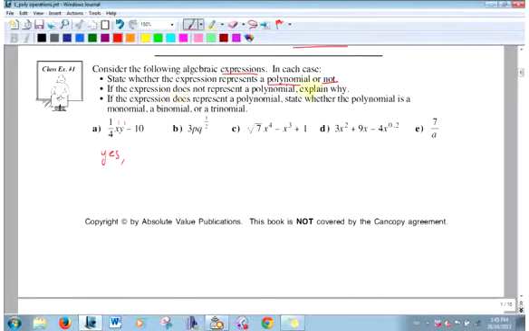Third part. If it is, is it a monomial, binomial, or trinomial? How many terms are here? 2. Because these are separated by a negative sign, or they're subtracting, okay? That's a term. That's a term. It's got a minus in between them. That's a binomial, 2 terms.